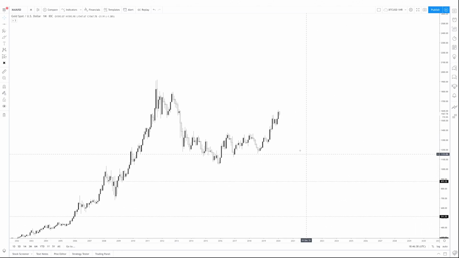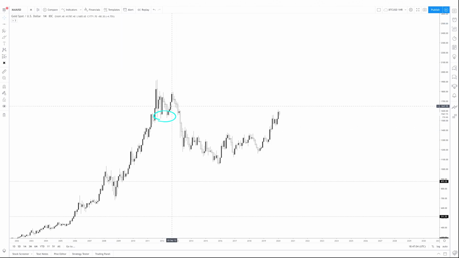Well, we have our swing high, we have our retracement and our swing low. Price rebounds back up and makes a lower high. So we know that this is our swing high, a lower high, a lower low would confirm bearish market structure on a monthly time frame for gold.